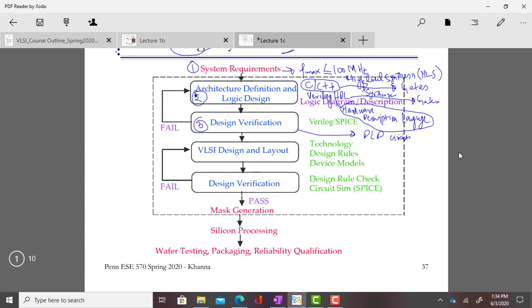For example, if I ask you to design a gate level circuit for a 64-bit adder, it's very difficult, because if you remember in DLD you only designed circuits for, I think, 3 variables. Your K-map was 3 variables or 4 variables. So beyond 4 variables you could not design with K-maps. That's why these synthesizers are very effective, and they are a must if you want to design the logic circuit.